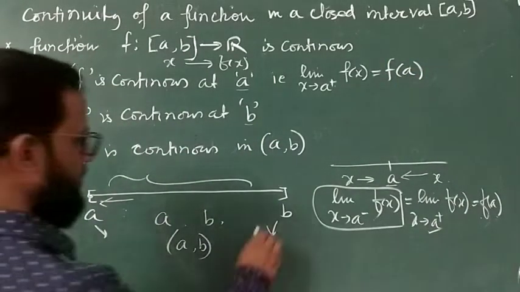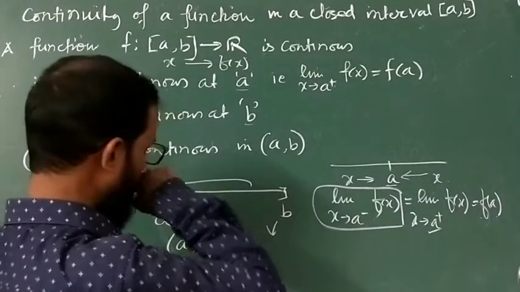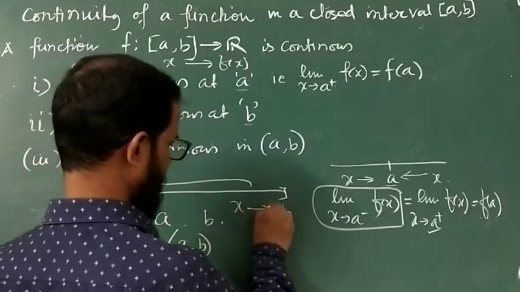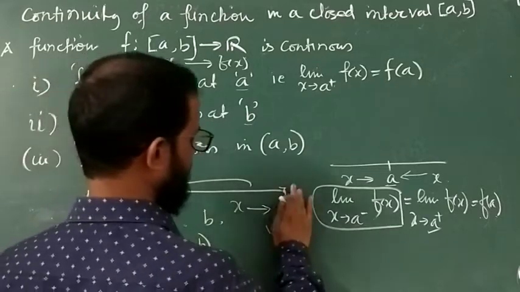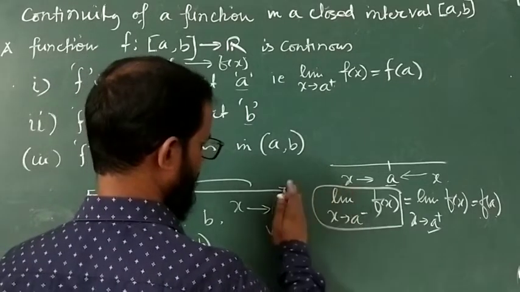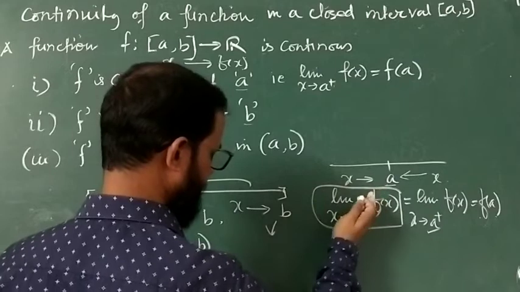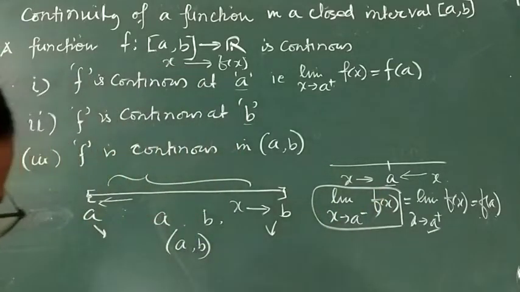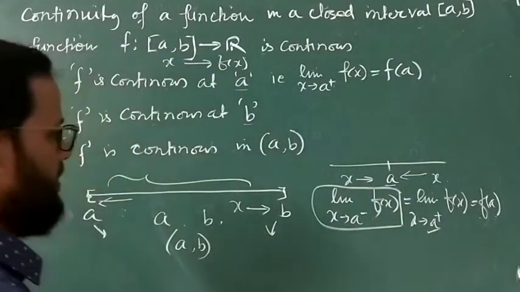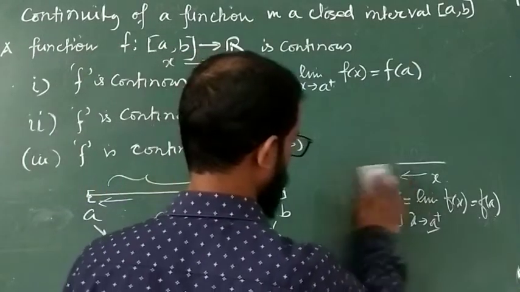Similarly for the point B, x approaching B from the left is possible, but there is no real number to the right of B, so there is no question of a right hand limit.